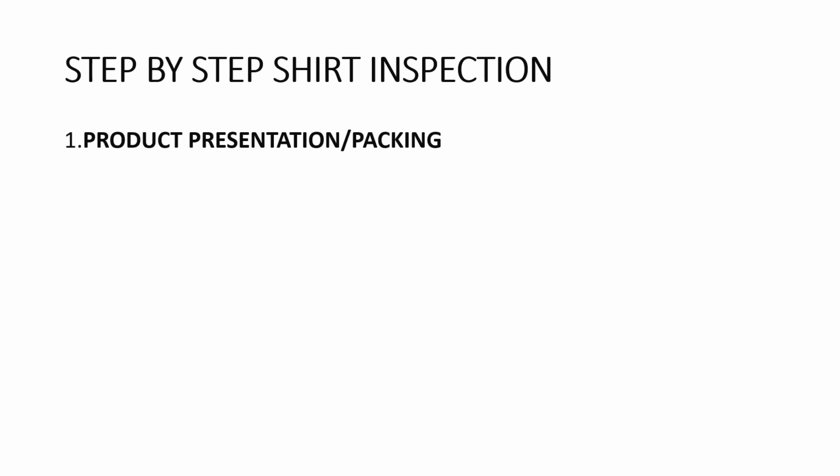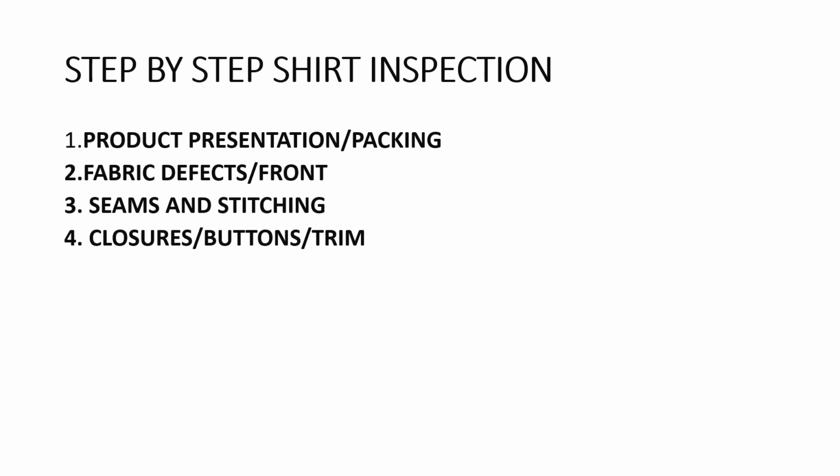Number one step is the product presentation or the packing. Then the second step will be the fabric defects, identification of the fabric defects at the front portions of the garment.